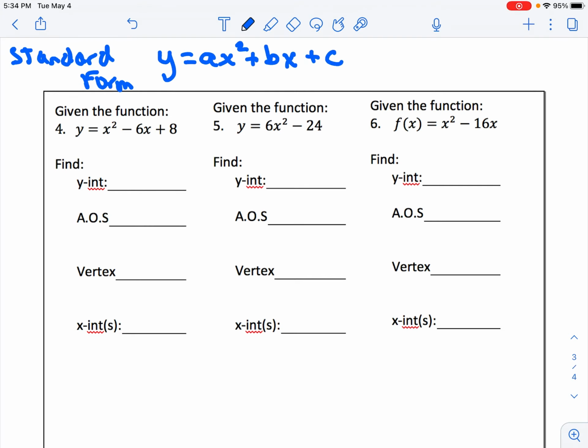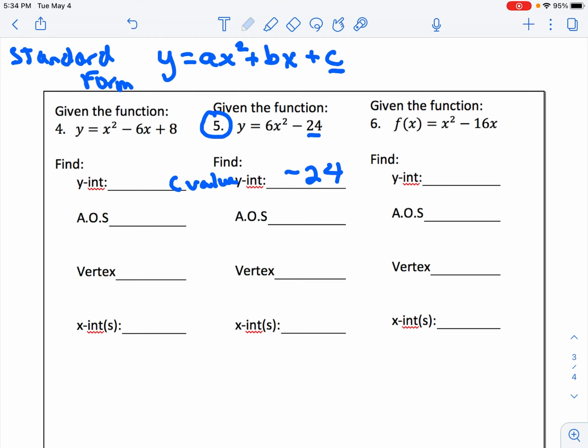So let's start with number 5 right here. And if we do number 5, the y-intercept is always the c value. So the y-intercept in this case is -24. How do you know? Because the c value is the constant, it's the plain old number.